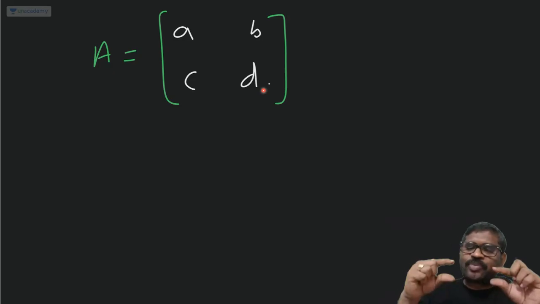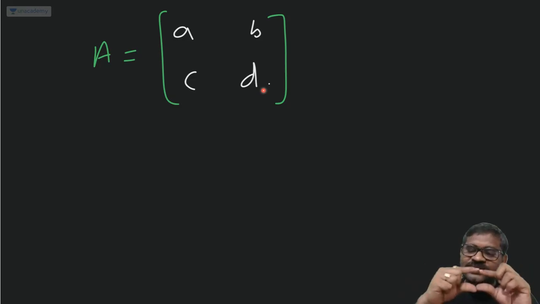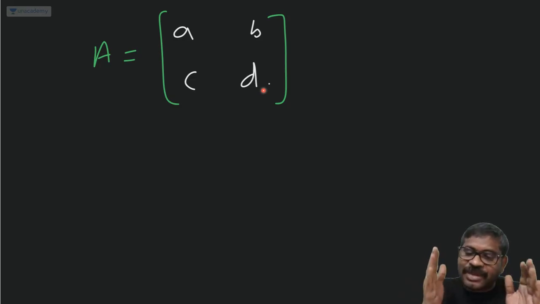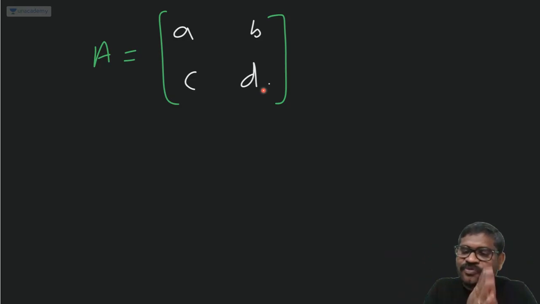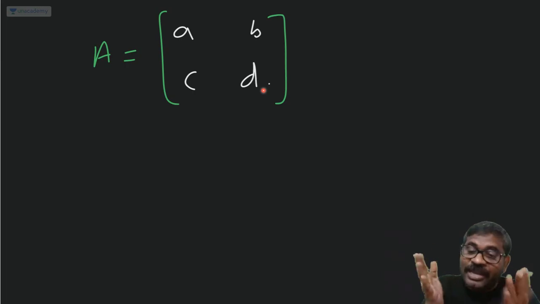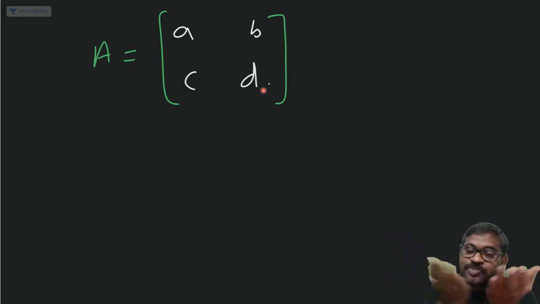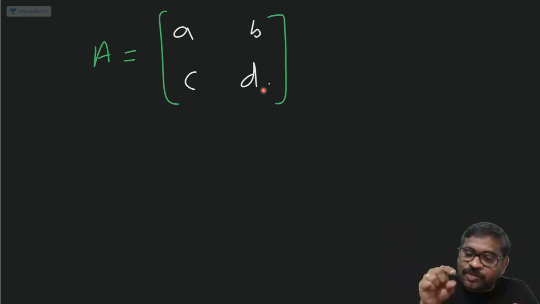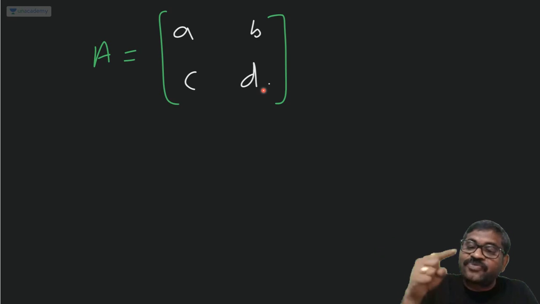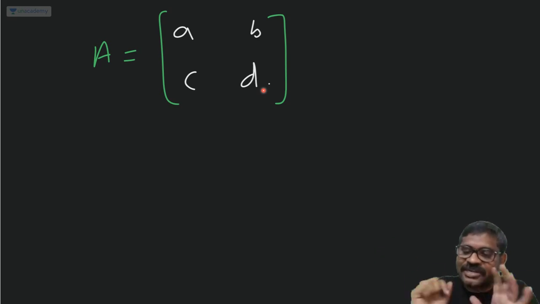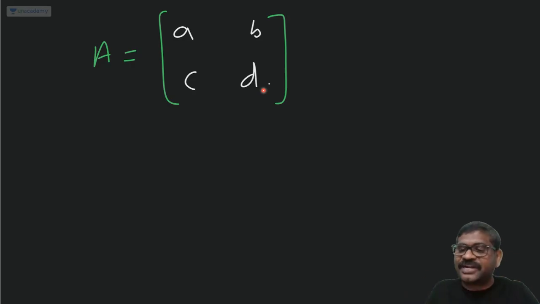When you multiply one element with another, you get products. Sum of those products is determinant.